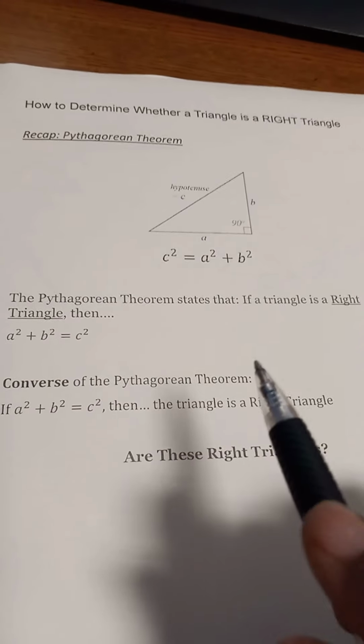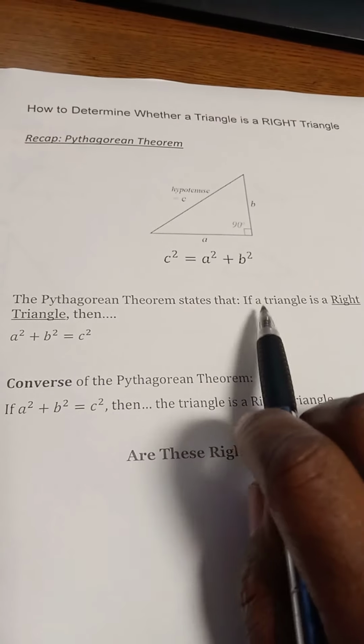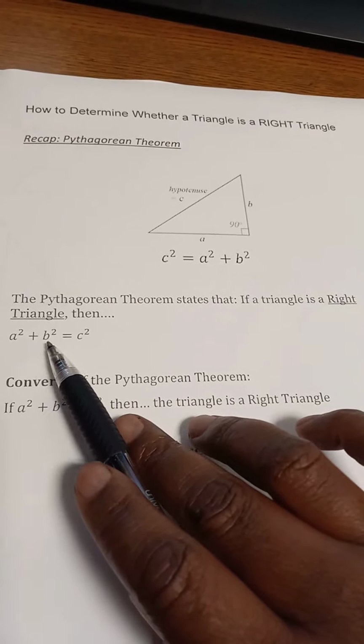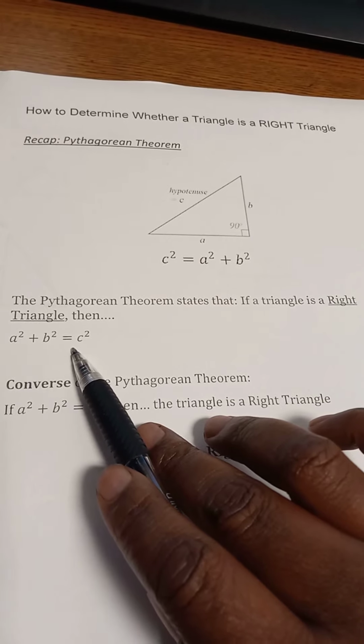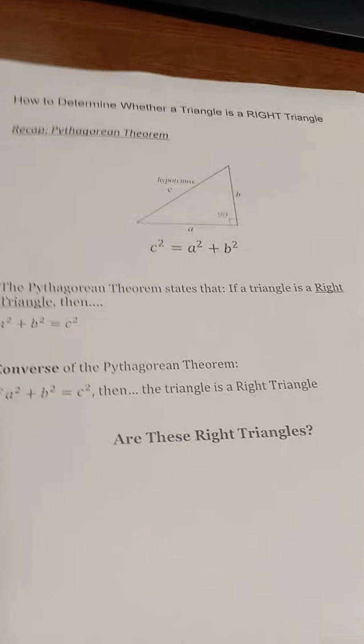Again, let me go over that. If a triangle is a right triangle, then A squared plus B squared is C squared. If that, then this. Then if this, then that.